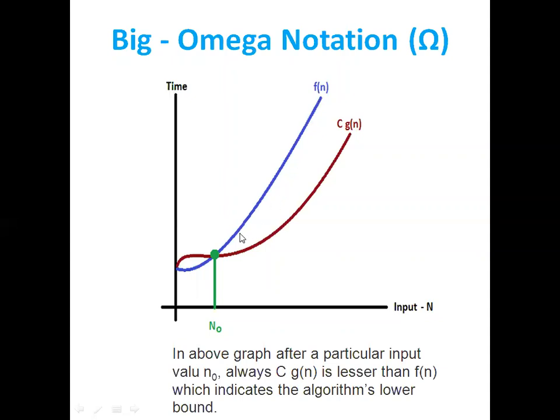So f of n takes less time as compared to c into g of n. That's why it is known as best complexity, or best time complexity.